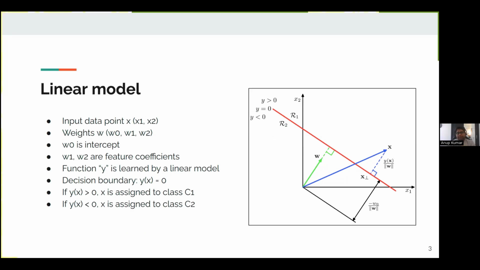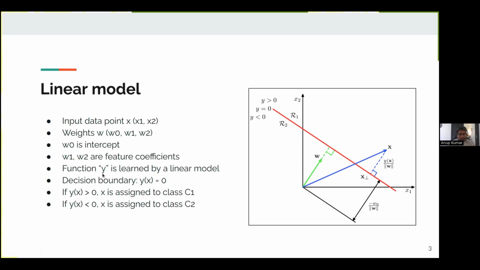These weights can be represented as W0, W1, and W2. W0 is a bias weight. W1 and W2 are the weights for the features x1 and x2. And W0, which is a bias weight, is the intercept here. And as I said, W1 and W2 are the weights for the features. They are also known as feature coefficients.